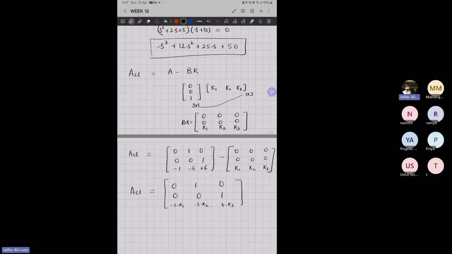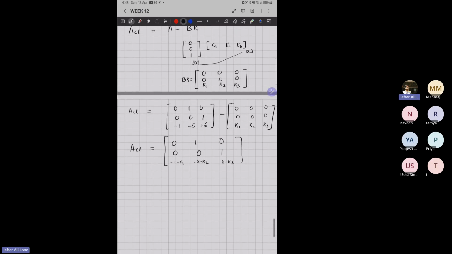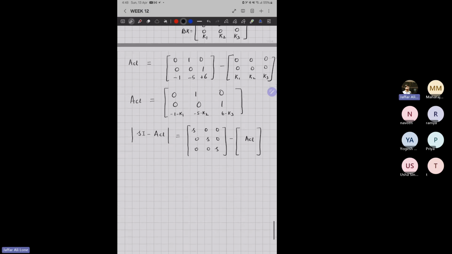What's my next step? My next step is to find the characteristic equation of SI minus ACL, which is equal to S, 0, 0, 0, S, 0, 0, 0, S minus this whole ACL, right? I'm directly writing it now.